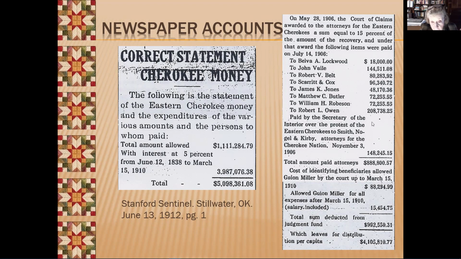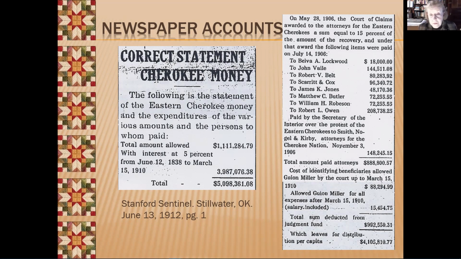So now it's not just $888,000, with Guion Miller's amount, now we're almost $1 million taken out before any of the eligible individuals are going to get paid. So after you take out the attorneys and Guion Miller, his payment, $4,105,810.77 is left.